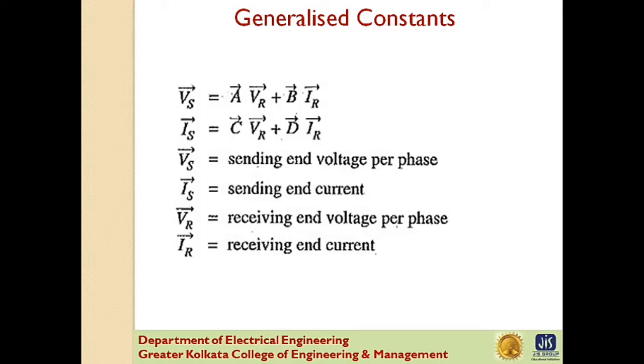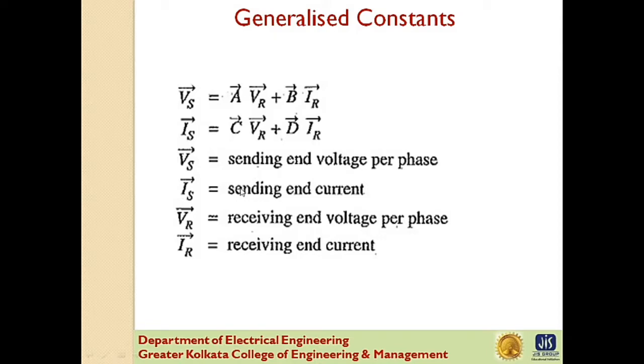Therefore, the input voltage Vs and input current Is of a three-phase transmission line can be expressed as Vs equals A into Vr plus B into Ir and Is equals C into Vr plus D into Ir, where Vs is the sending end voltage per phase, Is is the sending end current, Vr is the receiving end voltage per phase, Ir is the receiving end current.